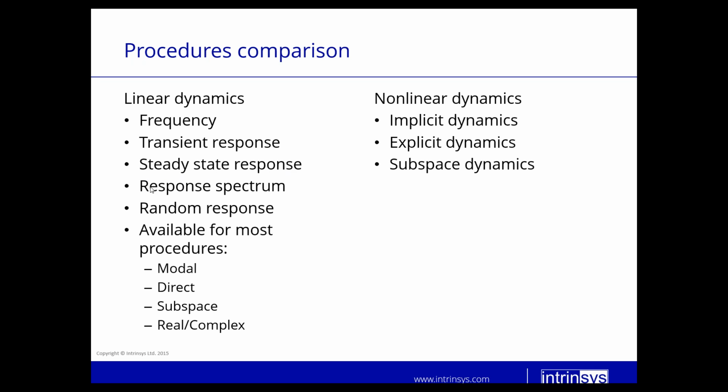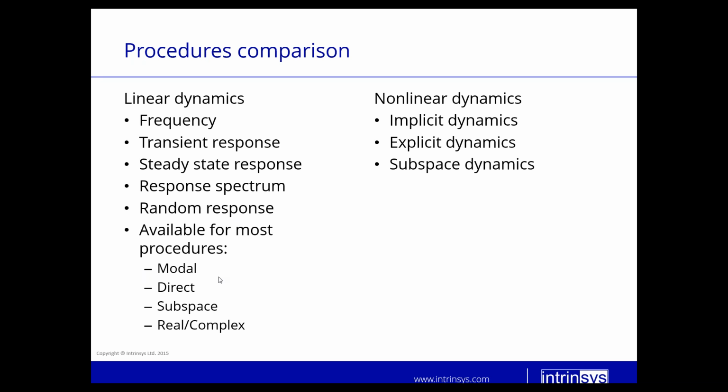Response spectrum would give a response from your part when you apply a load spectrum, using spectral density. Similarly, random response would give you your structure's response to a random loading, which you have to describe in a statistical sense. And for most of these procedures, you have different options.